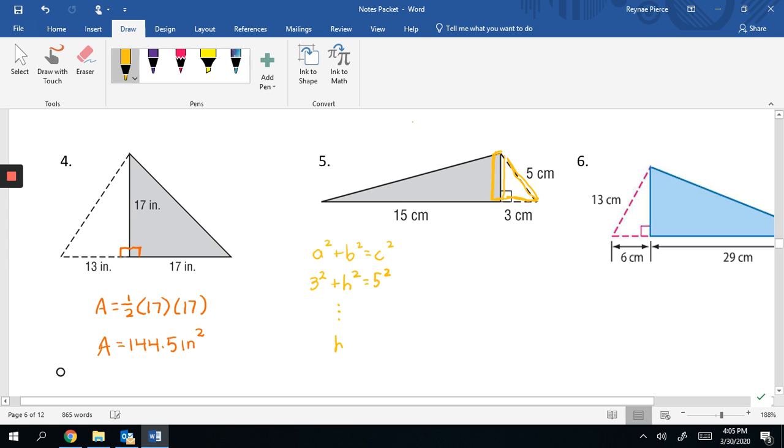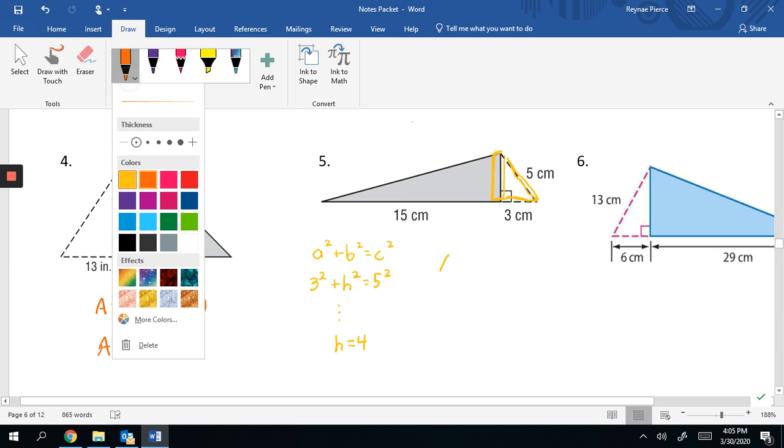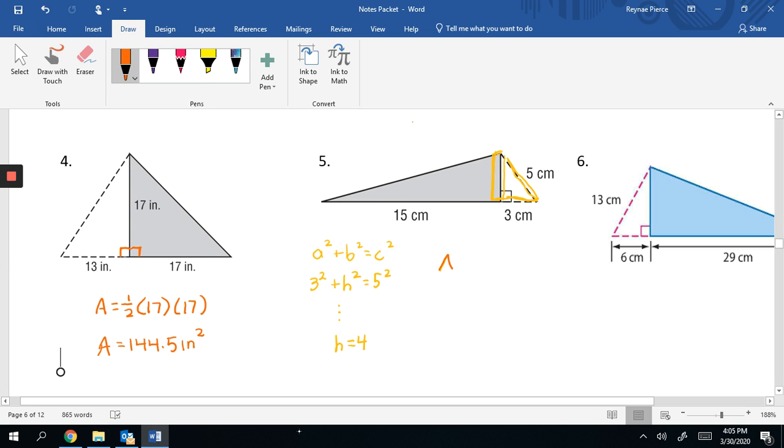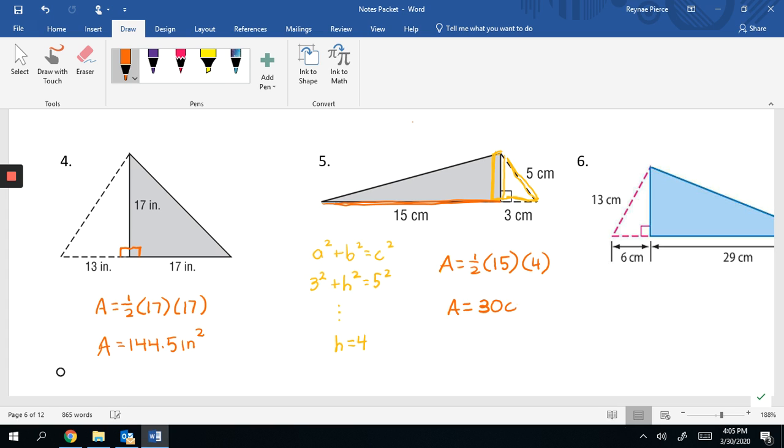When I work that out, my height ends up being 4. Okay. So when I go to find the area, remember, we only want that part of the triangle for our base, so 15. And then we found our height to be 4. So this triangle has an area of 30 square centimeters.